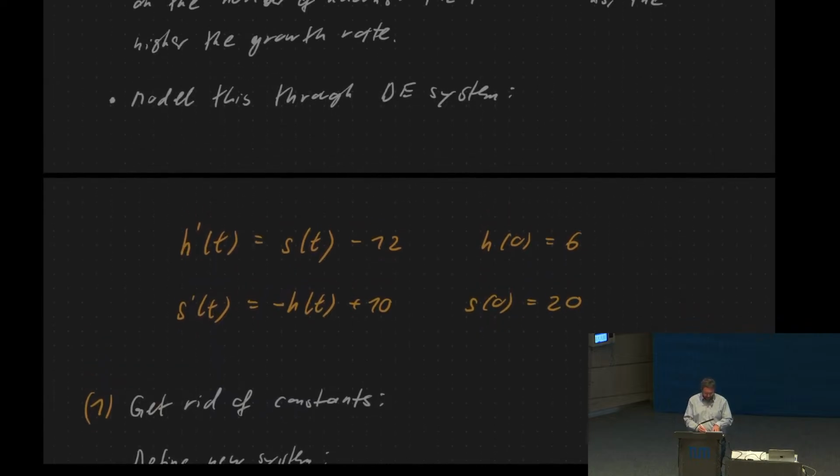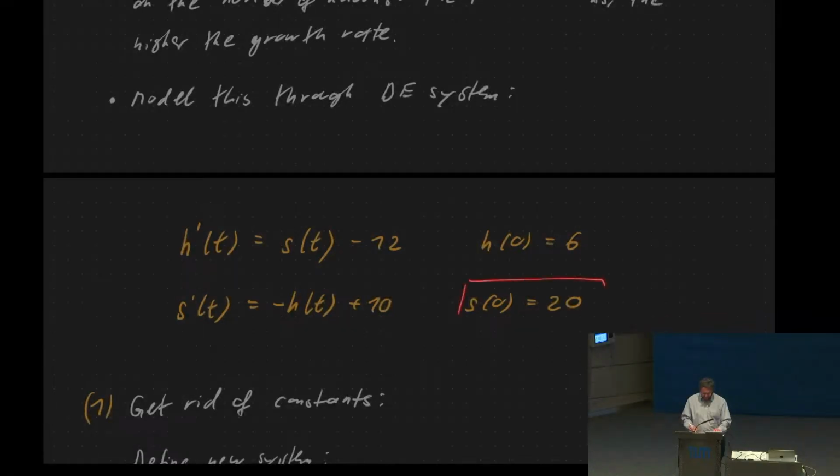Let's call the function for the hawks h. So h of t is the number of hawks present at time t. The growth rate of the hawks is basically dependent on the number of squirrels available at that time, minus some constant. And we'll assume there's a certain initial hawk population that we introduce into the system. So we release 6 hawks at time 0.